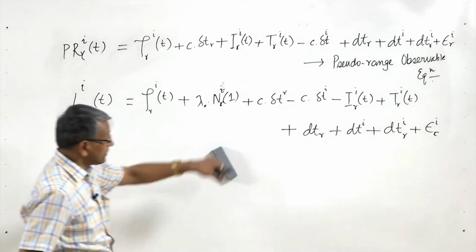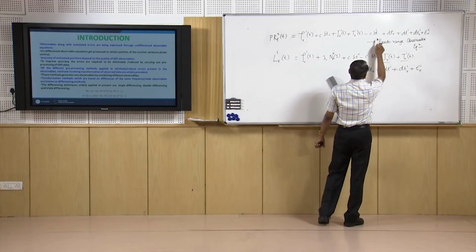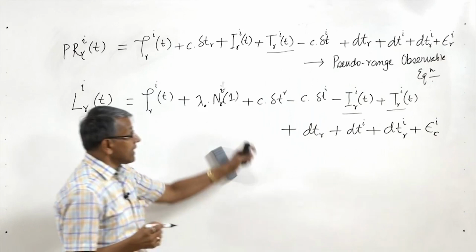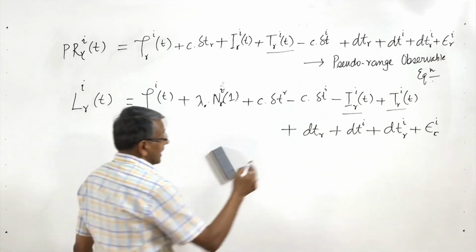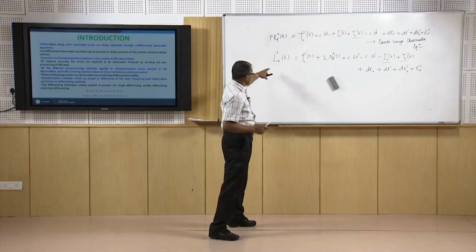Now in both the equations, though I have used similar symbols, the actual amount of error present in the code pseudo range will be different from the phase pseudo range.